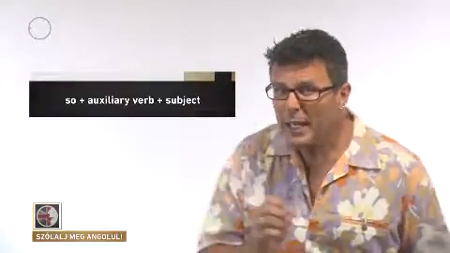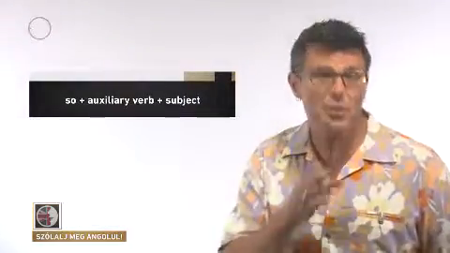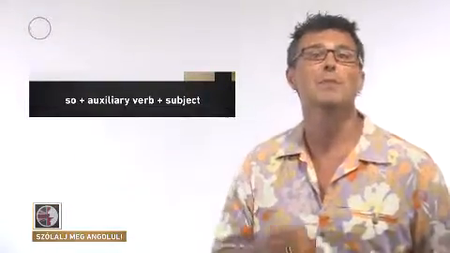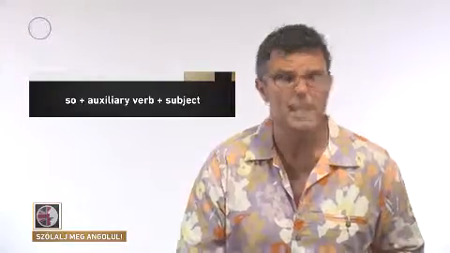Now, after we looked at too and either, we looked at the shorter version, didn't we? Yes, that's right. We looked at using so plus auxiliary verb plus subject to show agreement with statements with verbs in the positive. And now it's time to look at how we can show agreement with statements with verbs in the negative.